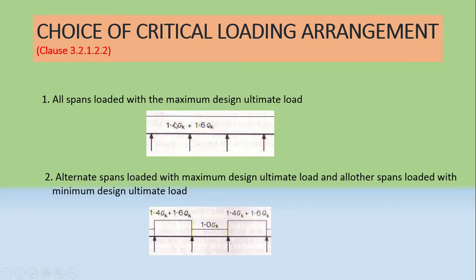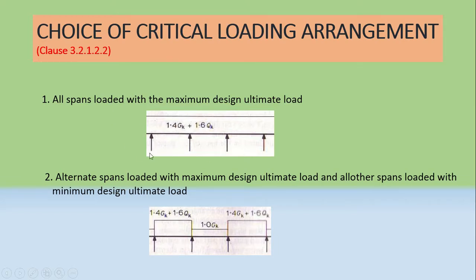Sometimes the bending moment in the mid part may be slightly higher. In this case the bending moment is lesser. Sometimes bending moments here may be higher than this one.